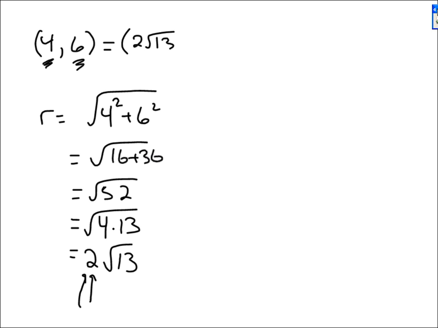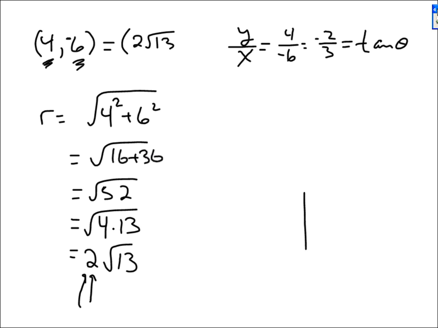I'm going to be a pain. I'm going to make that negative, the point (4, negative 6). So now we know that y over x is 4 over negative 6, which is negative 2/3. That's the tangent of theta.